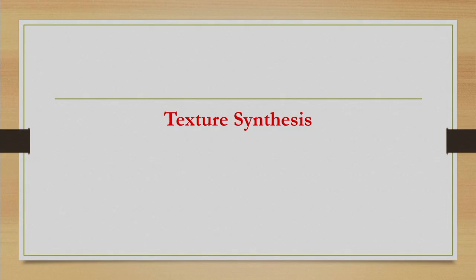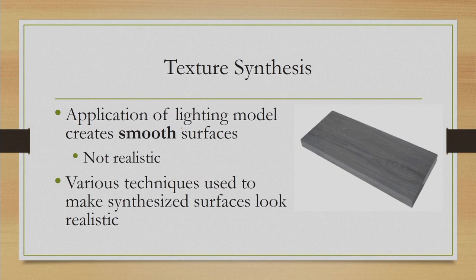Now, let us move to our other topic, that is synthesis of textures. Earlier we talked about the lighting model to compute color. One thing we did not explicitly mention is that when we are computing intensity values using the lighting model, the overall surface, when colored with the intensity values computed with the model, appears to be smooth, which is definitely not realistic.